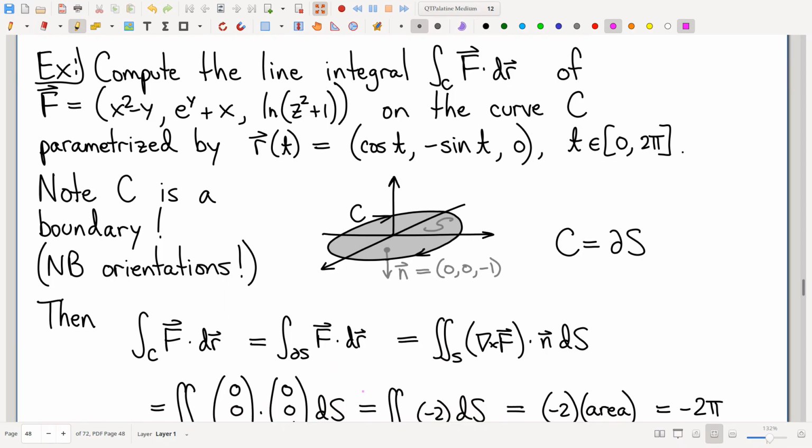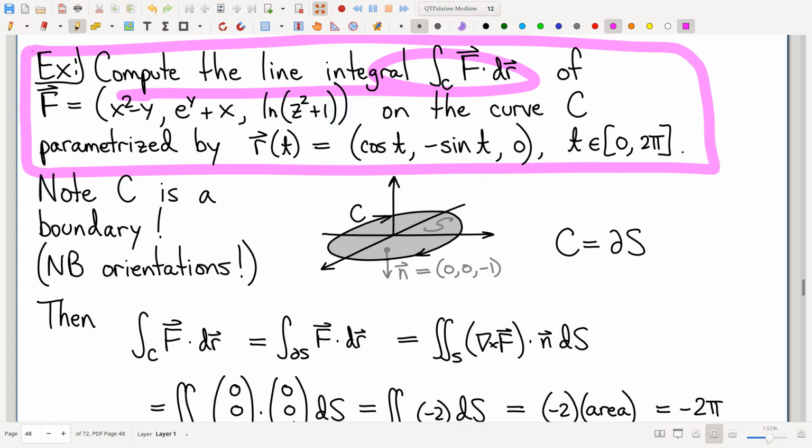As we've done with all of our boundary theorems, accumulation theorems, let's see here. Compute this line integral. The question asks this, with the vector field given and the curve given. Now, let me say a quick point about this example. This is a strategic point. When it comes time to take a test, be it exam 3 or the final exam, where you might see an example like this, it is tempting to look at this question, and it says compute a line integral.